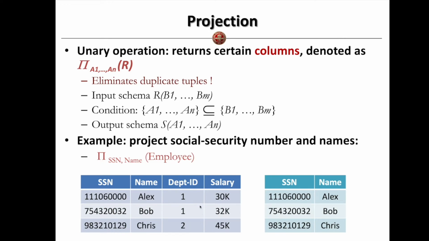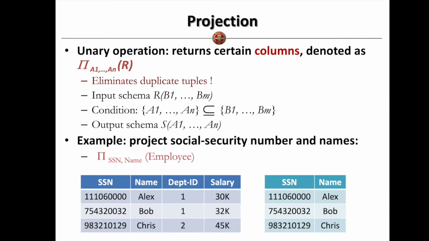Originally, we have 3 tuples. However, this operation, they don't do selection by the rows, right? In other words, all the tuples we have will be maintained in the output relation. We still have 3 tuples in the output table: Alex, Bob, and Chris. We extract the SSN and name in the output table.